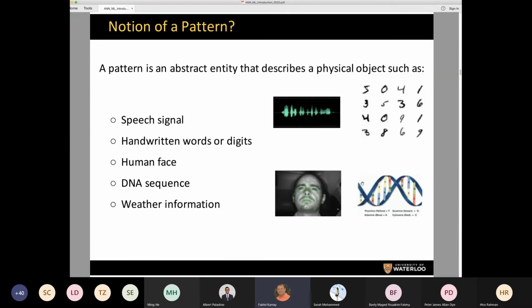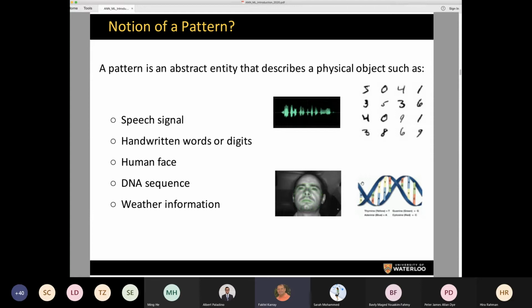What is the notion of pattern that we are going to target and discuss in this course? We are going to speak about patterns, about digital objects if you would like to call them, because these patterns could be a speech signal, handwritten words or digits, a human face, a DNA sequence, or weather information.